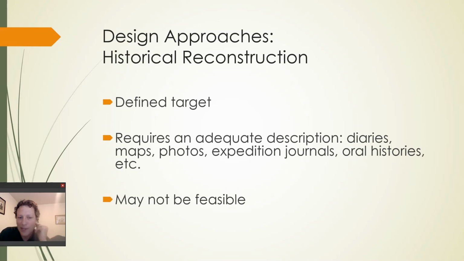Now, historic reconstruction is very rarely feasible for a couple of reasons. A, very often that kind of information is not available. I mean, Lewis and Clark are famous, and that journey was well documented and well mapped. So this is a rare example of where you have that information at your fingertips.